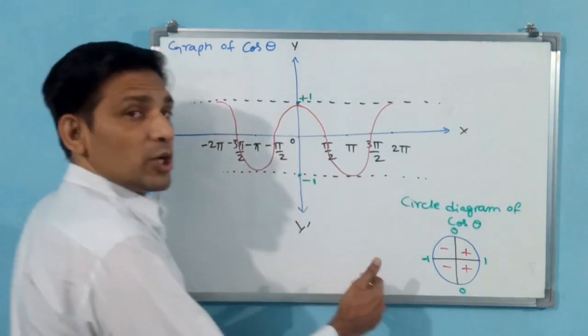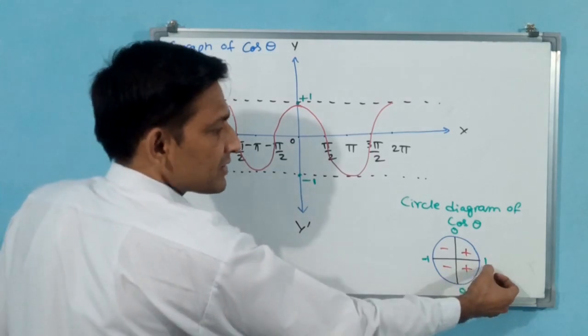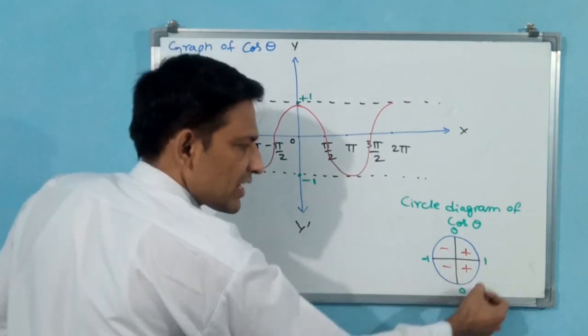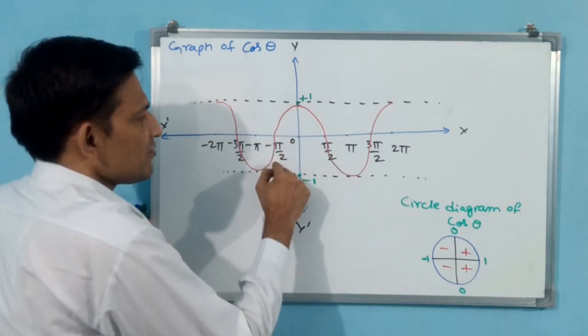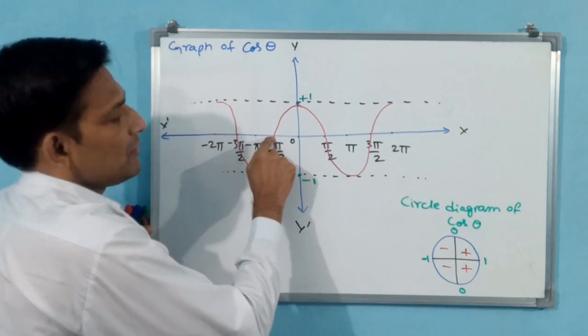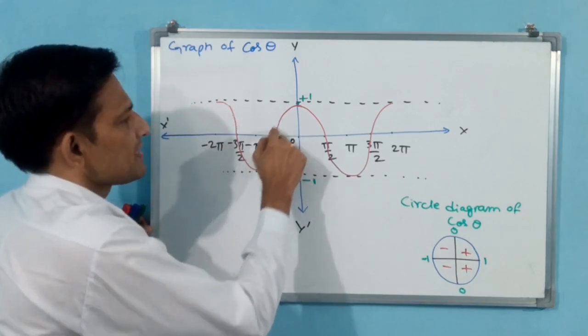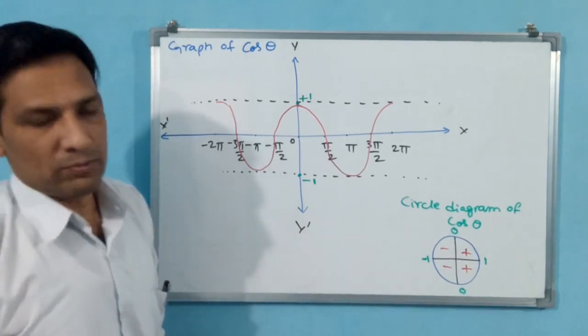In this way, you can understand the graph in a negative angle also. See, in negative angle, at 0 degree 1 is there, negative 90 gives 0. Like this, the graph will go.